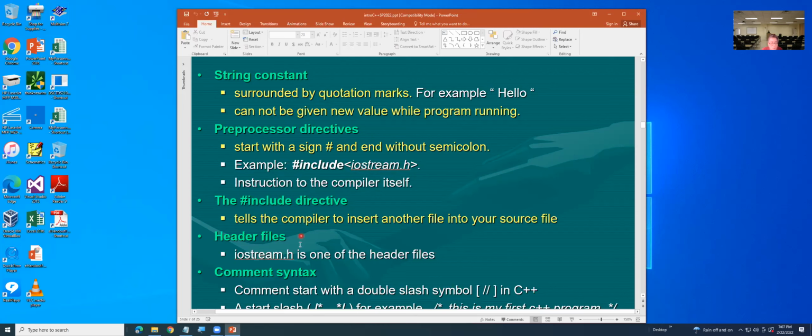Your computer can use whatever is inside that library. The include directive tells the compiler to insert another file into your source file.